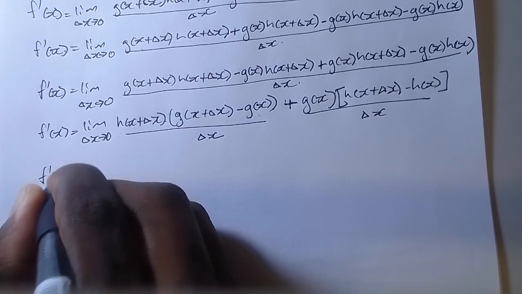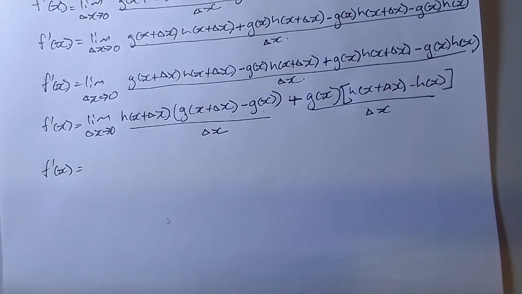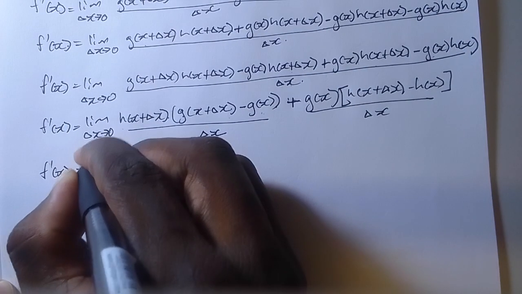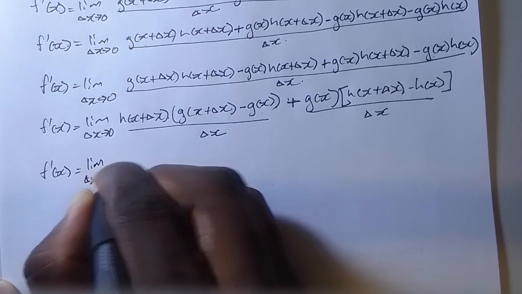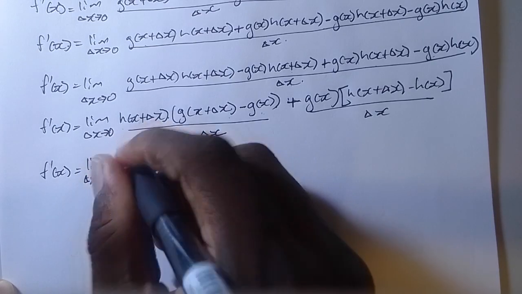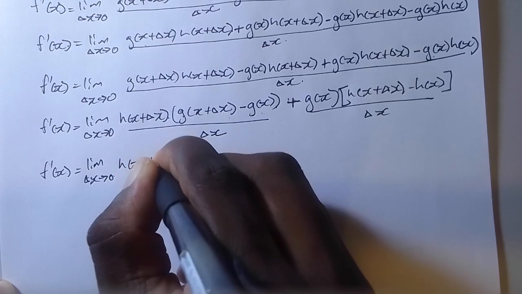Now f prime of x is still equal to the limit, but now we are going to do something again. It's equal to the limit as delta x approaches 0 of h of x plus delta x.